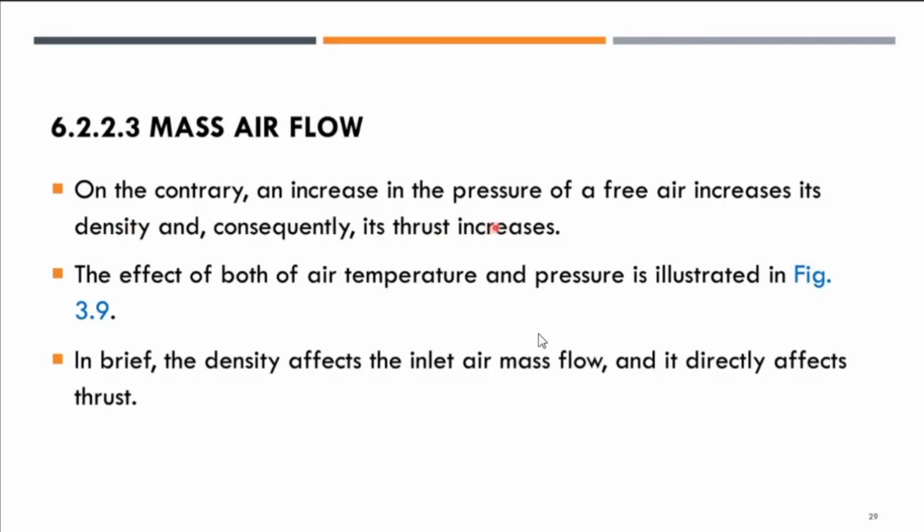Higher pressure will also increase the thrust. The effect of both air temperature and pressure is illustrated in the next figure, figure 3.9. In brief, the density affects the inlet air mass flow and it directly affects the thrust.